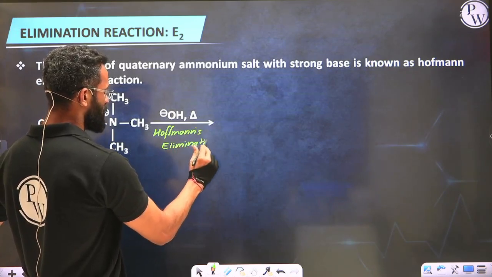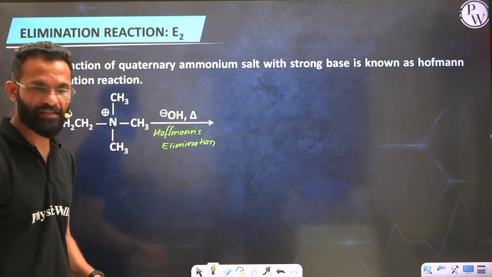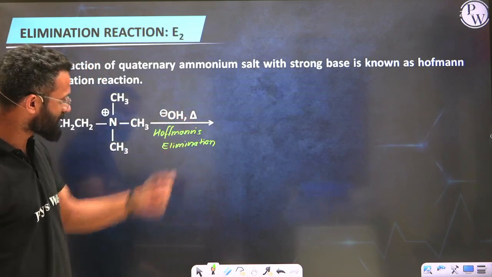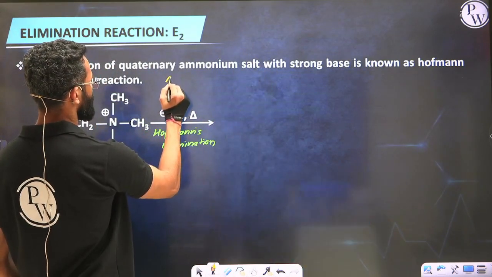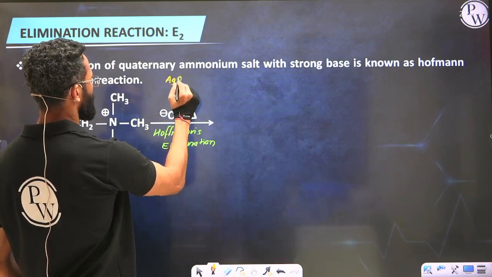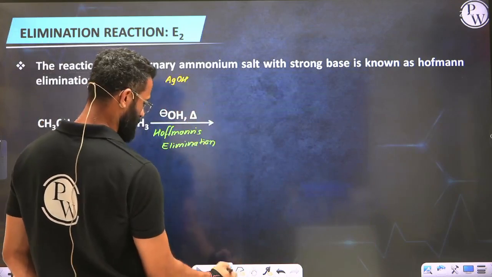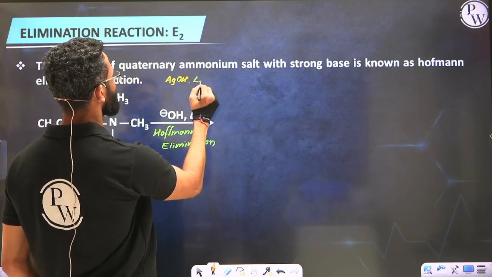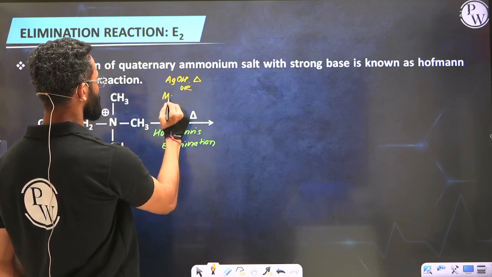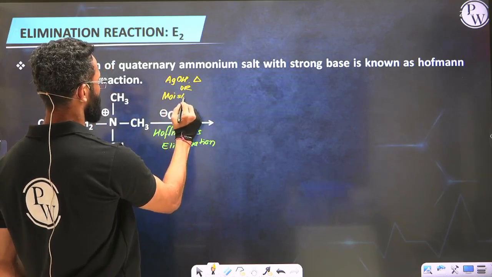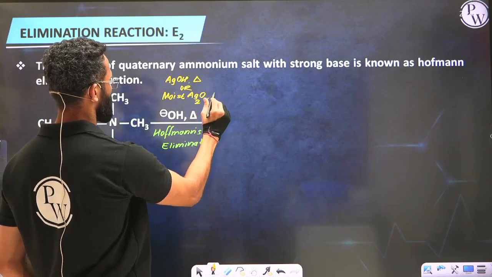Now let me tell you, what are the different ways by which generally they can give you this base. One is they'll give you directly OH minus and heat, or they might also give you AgOH and heat, or they might say moist Ag2O and heat.